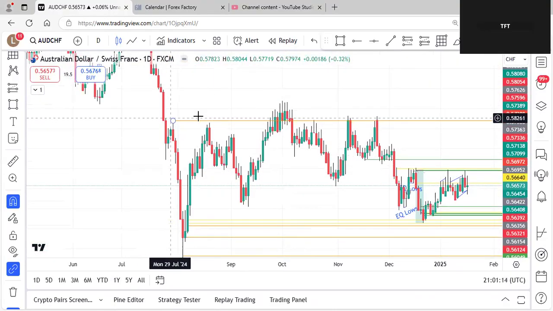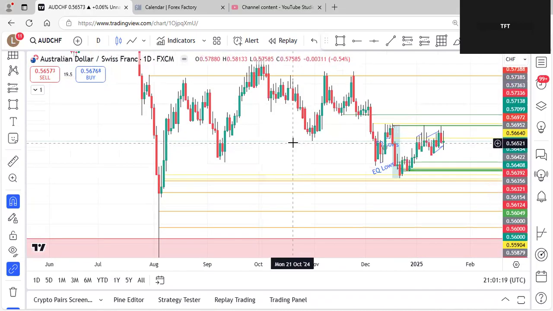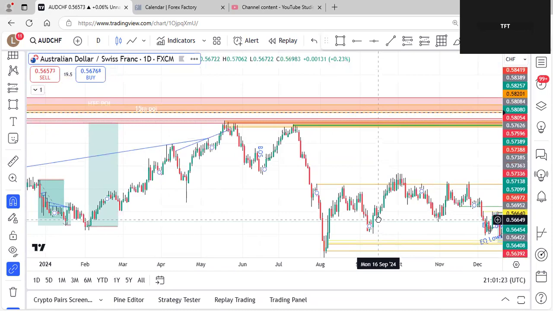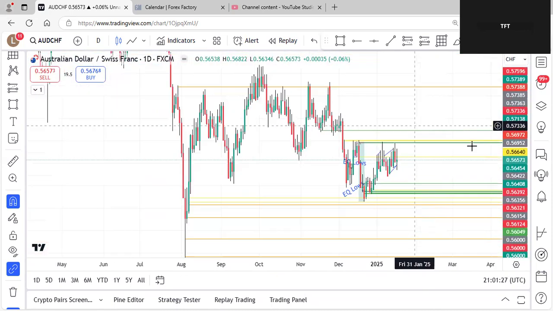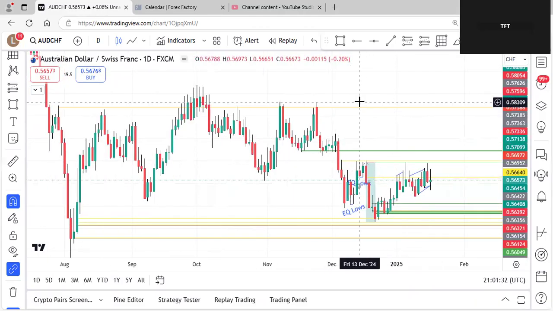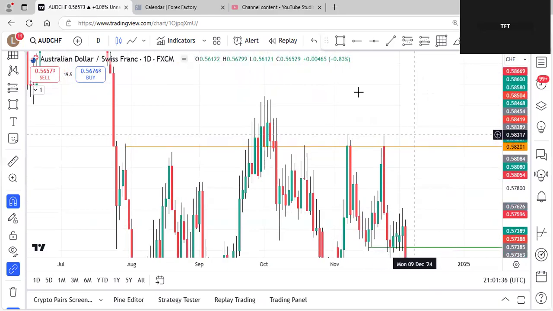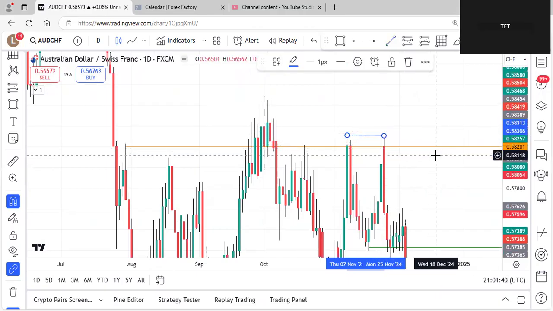We have possibly had a break to the upside though, so mid range. At the minute, I don't actually know what this is doing.